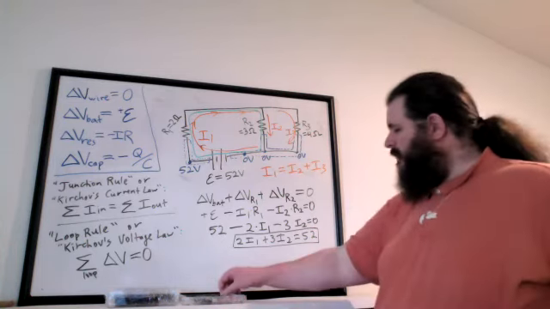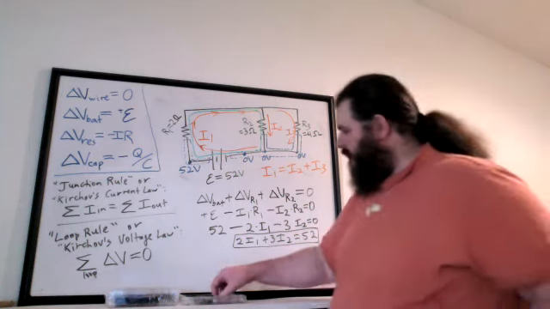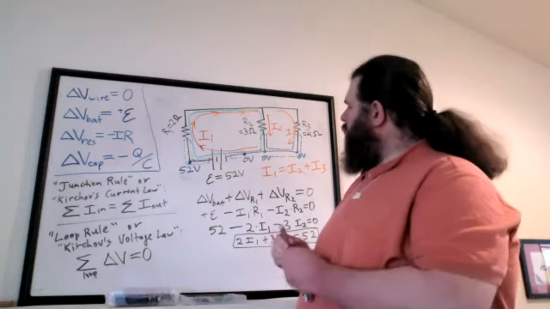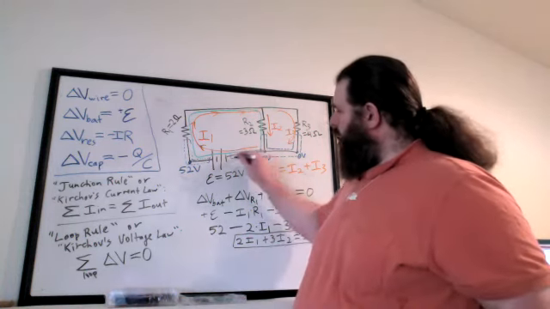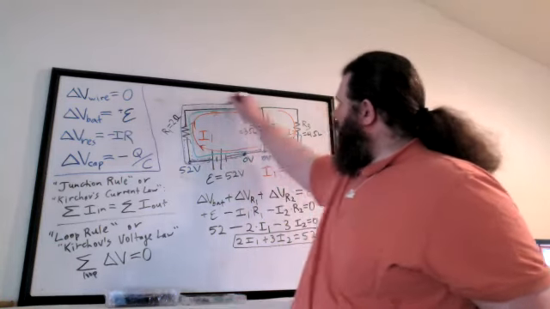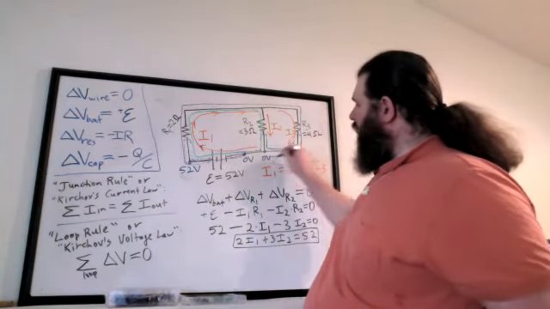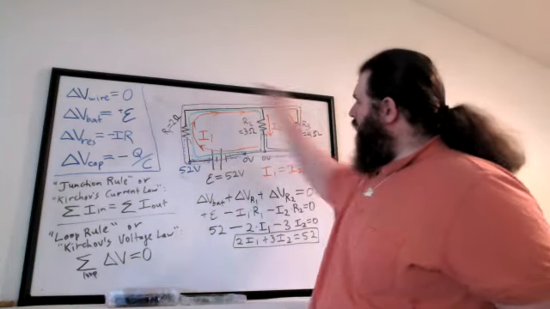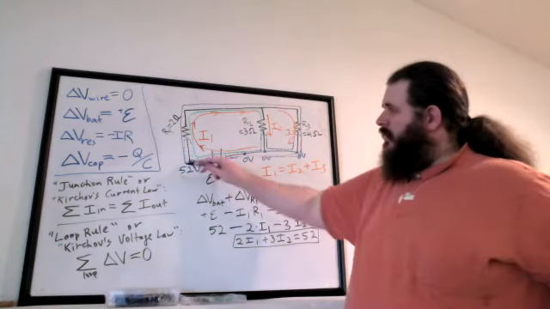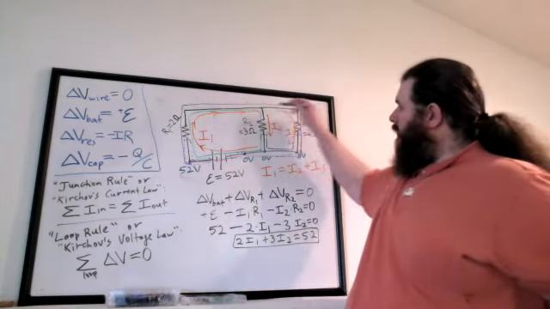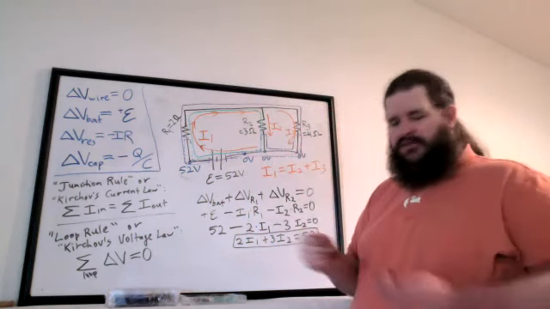So let's say we set up a different loop around, let's say we just start here and go through the outer loop, go around the outside of the circuit. In that path, we're encountering the battery, resistor 1, and resistor 3, but not resistor 2.